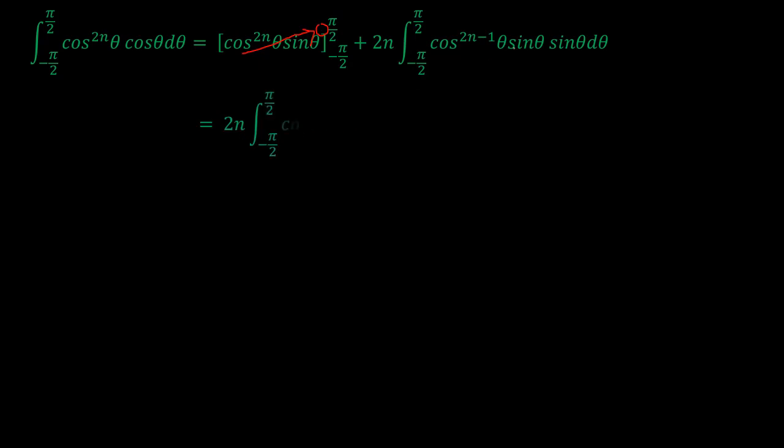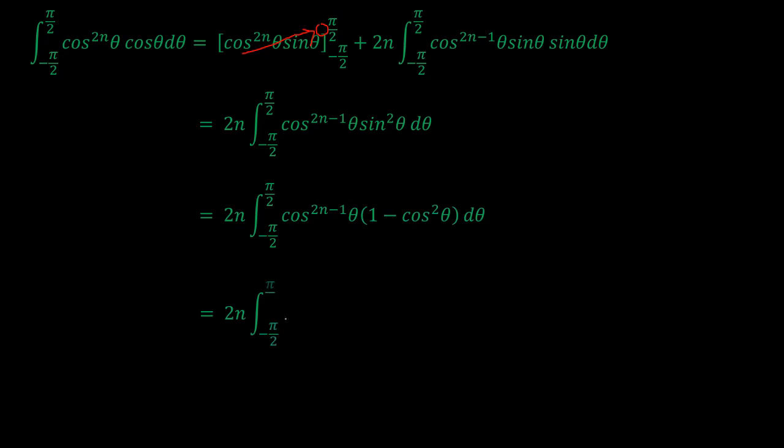And this is sine squared, so we can convert this to 1 minus cosine squared theta by plugging that in. And eventually, we do have cosine 2n minus 1 theta integrated, minus 2n, again the same integral, cosine to the power 2n theta cosine theta.